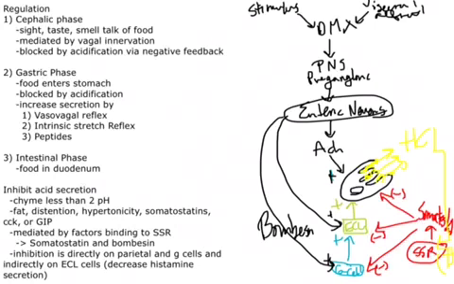Now let's talk more about the bombesin. So a little bit about the bombesin. It is a 14 amino acid long chain. It's isolated from the fire-bellied toad called Bombina bombina. It's in the brain. It reduces food intake via negative feedback.